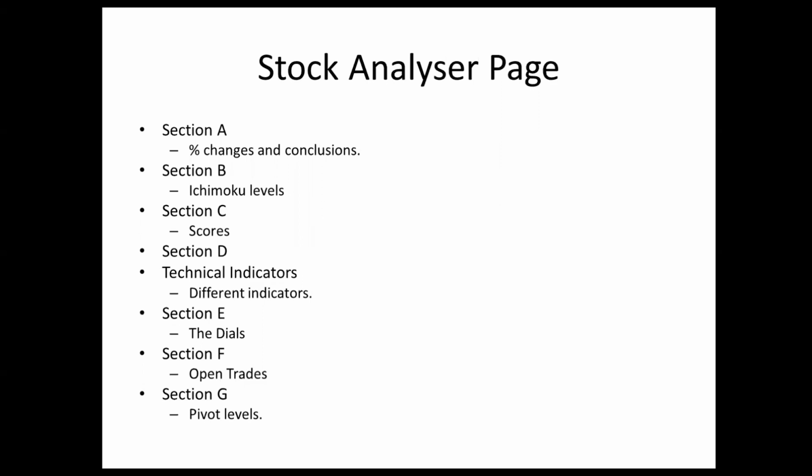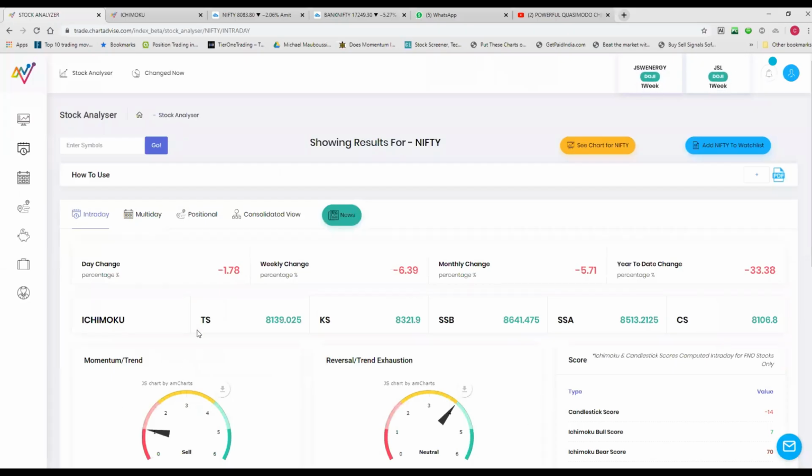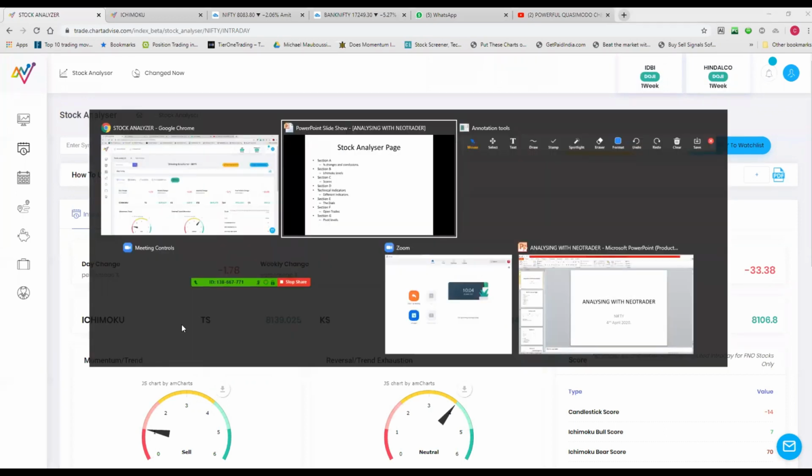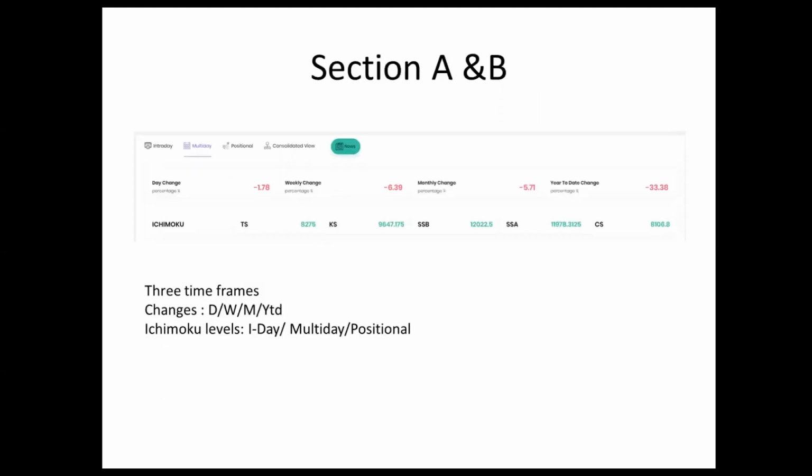Now coming to sections A and B. This is your screenshot from the stock analyzer page. At the top you can see the day's change, weekly change, monthly change, and year to date change. In the case of Nifty, we find that year to date, that means from January till end of March and into the first week of April, the Nifty has already lost 33.38%.